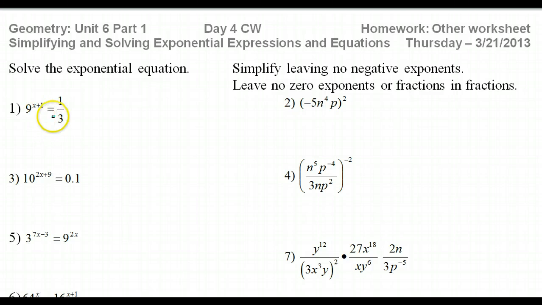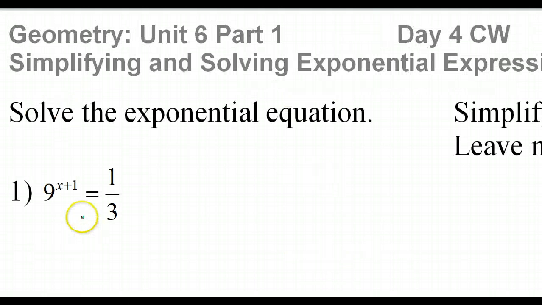For problem number 1, when you're solving exponential equations, it's all about having bases that are the same. So as I look at these potential bases, I ask myself, what number could I use for the base on both sides and have it be the same number?